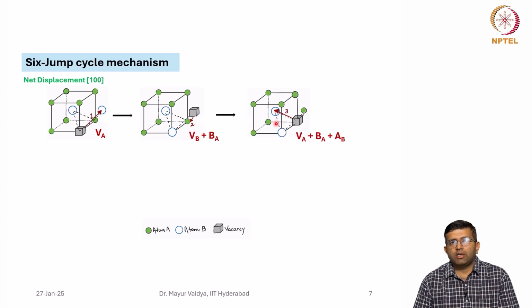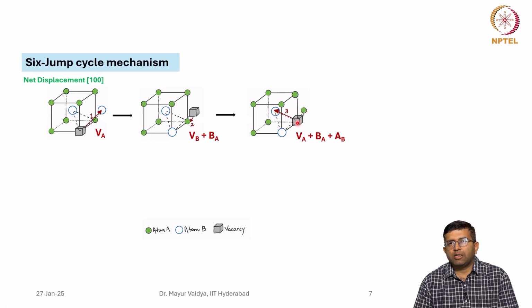In the second jump, the vacancy exchanges its position with this A atom, and here it comes. So, it becomes VA plus BA plus AB. Because the vacancy has now moved to the A side, instead of VB you have VA, and there is an anti-site defect here as well. The A atom is occupying the B sublattice.